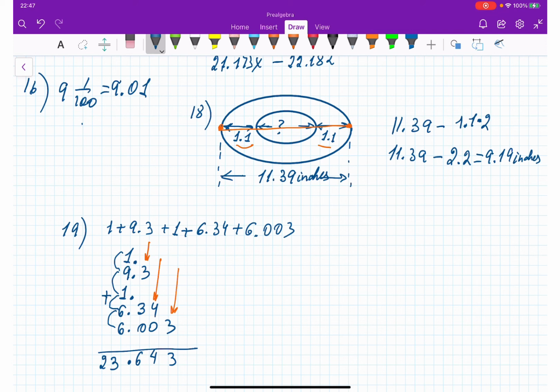Okay? 23.6. 23? I don't like it. Hold on. Let me go one more time. 1 plus 9 is 10. 10 plus 1 is 11. 11 plus 6, 17. 17 plus 6, 23. Yeah, correct. Okay. We are good.